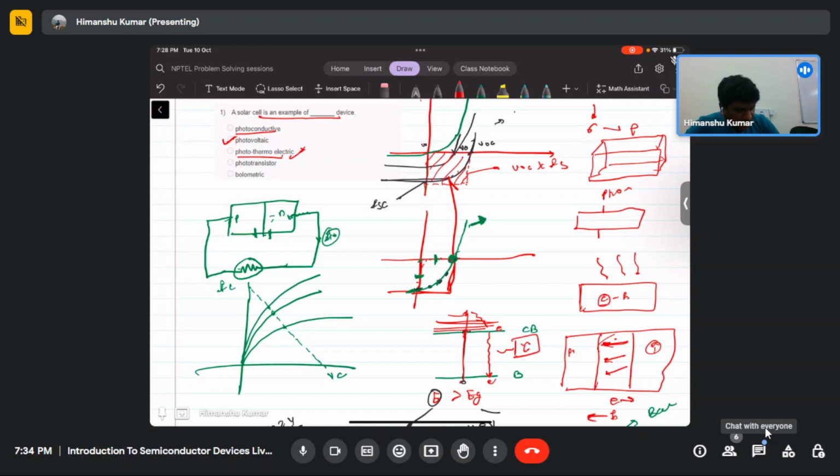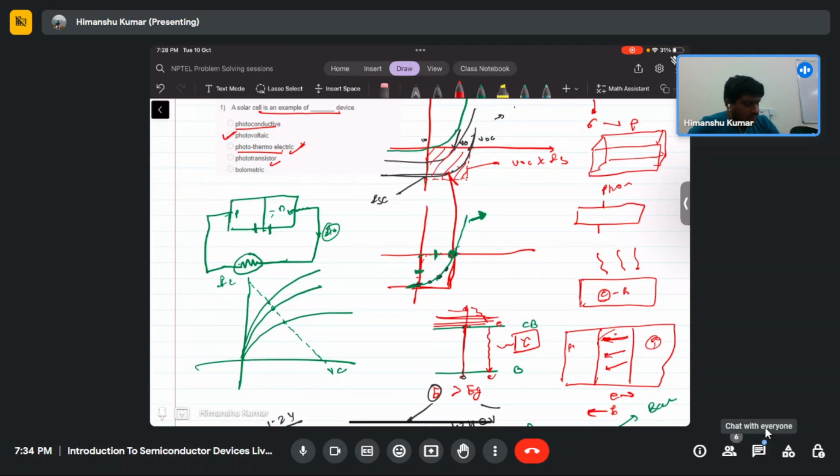And the phototransistor is a similar kind of device, but it is similar to a BJT, a three terminal device. Solar cells are mostly two terminal devices, and bolometric is about pressure or those kinds of things. So those are also not it. The correct answer is the photovoltaic.